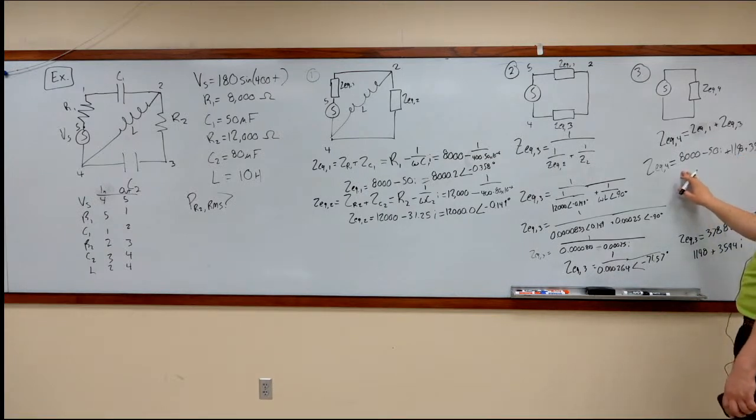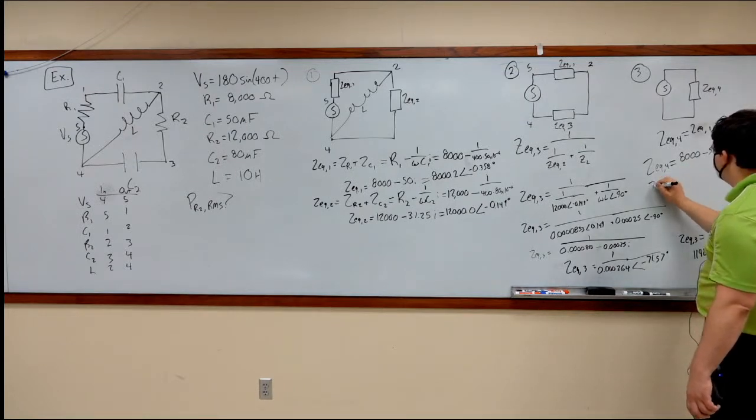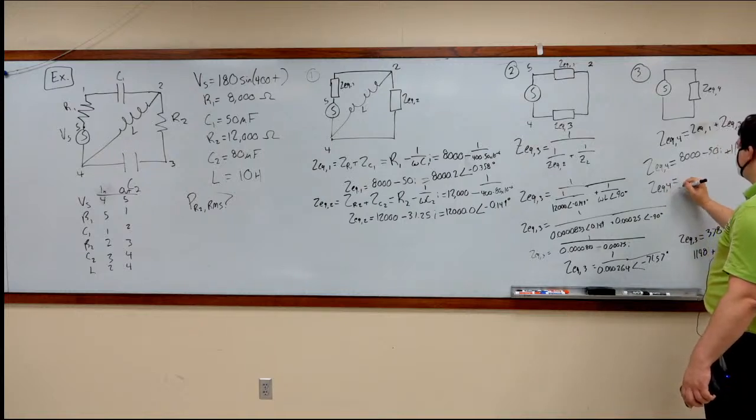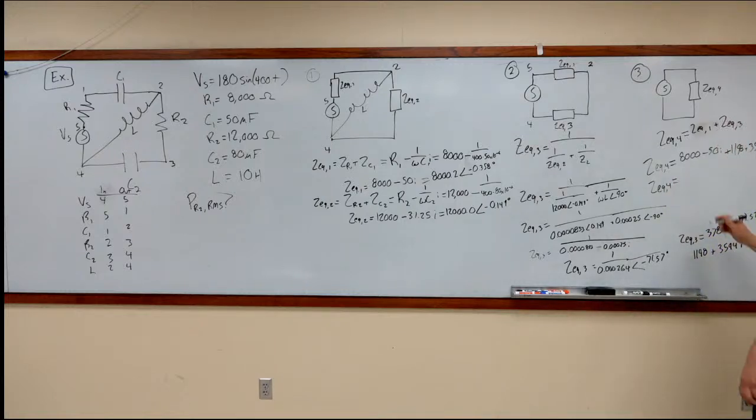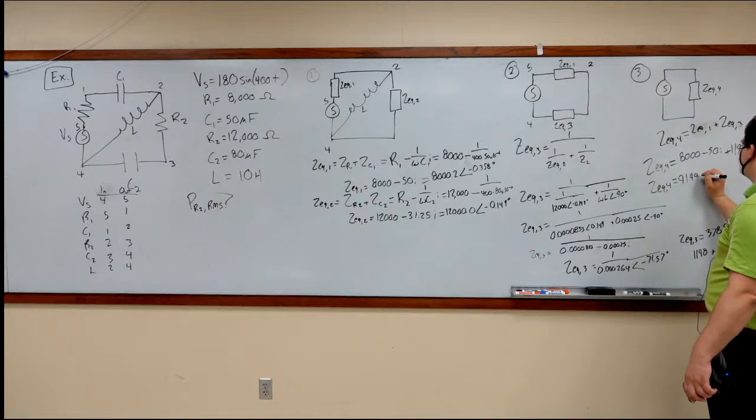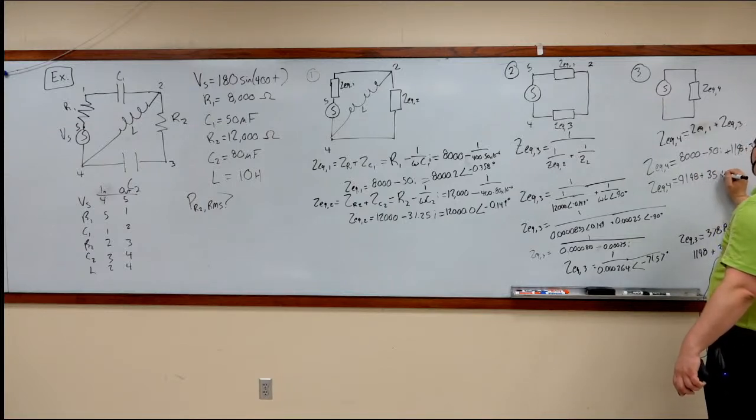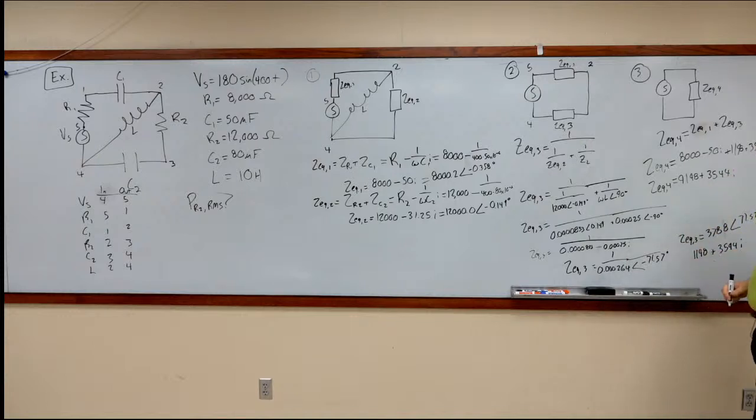We combine the reals, combine the imaginaries, and you get ZEQ4 is equal to 9,198 plus 3544I.